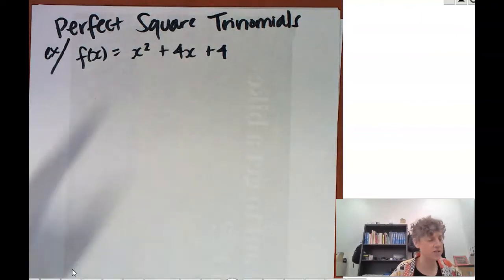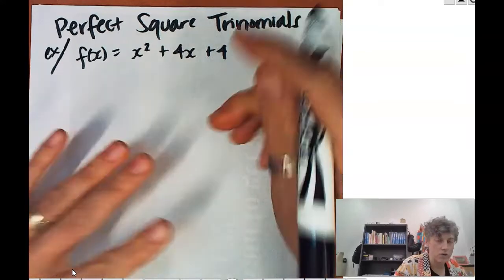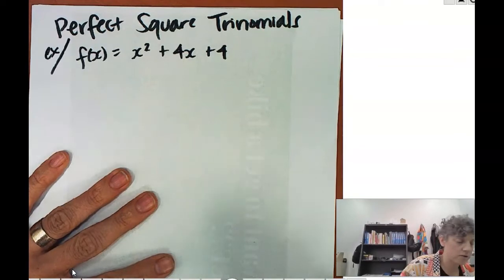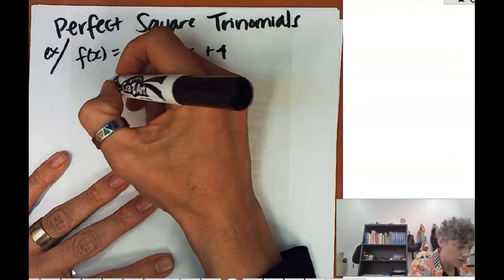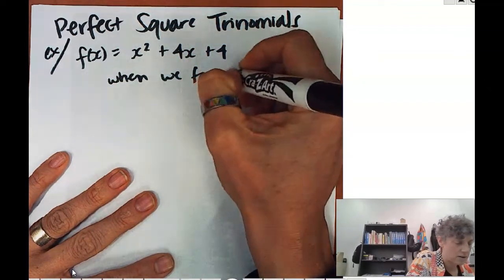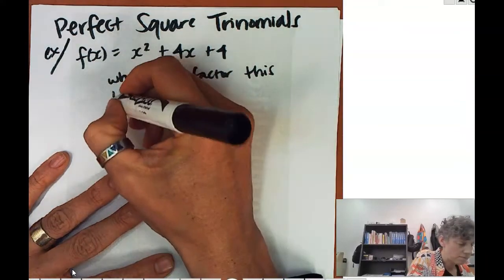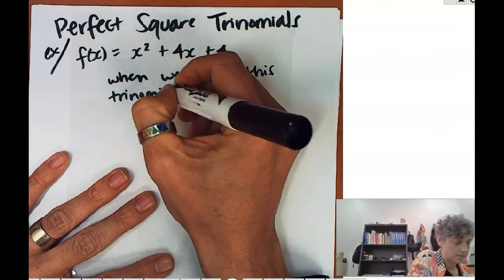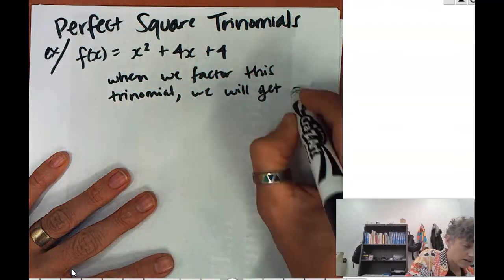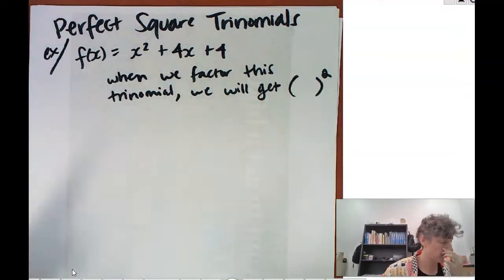It's considered a perfect square trinomial because when we factor this trinomial, this three-termed thing, we will get something squared. It's a perfect square.